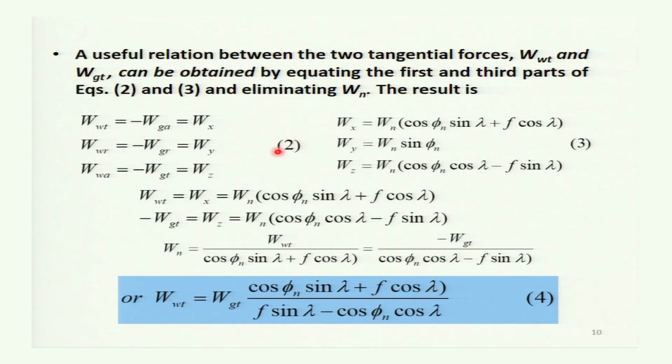That means this is the second equation: WWT is minus of the WGA, the tangential component will equal the axial component, and it is Wx. The radial components are the same, and it is the force acting in the y direction, and the axial component on the worm is equal to the tangential component of the gear with the negative sign, and this is the force acting in the z direction. This is the second equation, and the third equation is given, repeated here again.